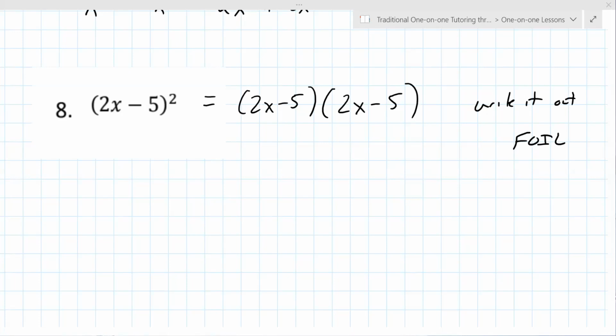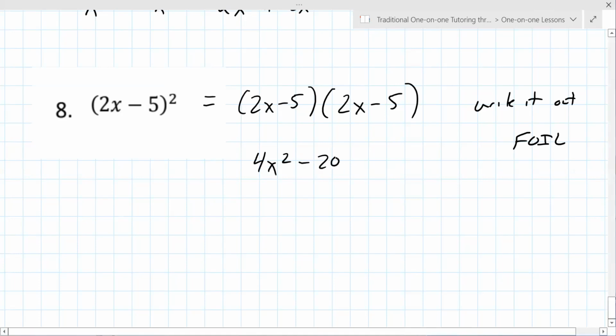I got 4x squared minus 20x minus 25. Check the sign on that last one. What are you multiplying? Oh, plus 25, two negatives. Yes. If you were taking an SAT style test, both of those would be there, positive and negative.